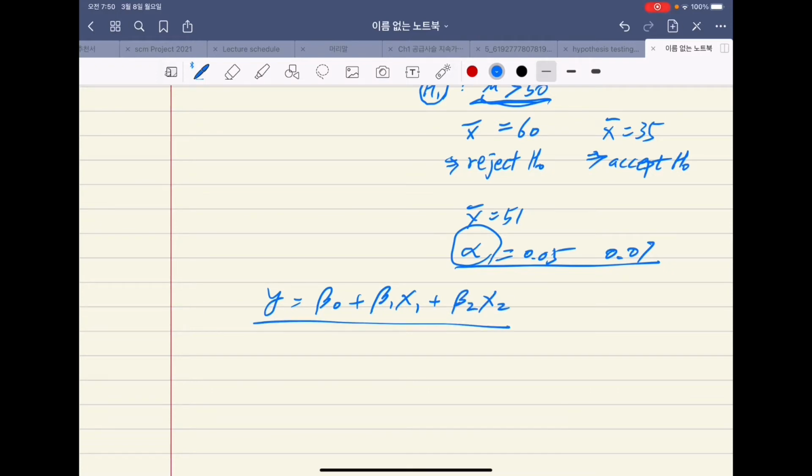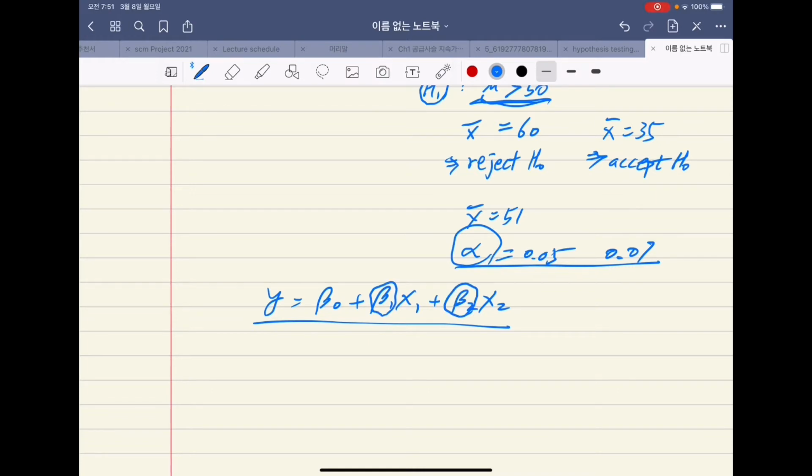By the way, what is regression? Regression is to find the relationship between independent variables and a dependent variable, right? Finding the relationship means you want to check the coefficients, like beta 1, beta 2 here.